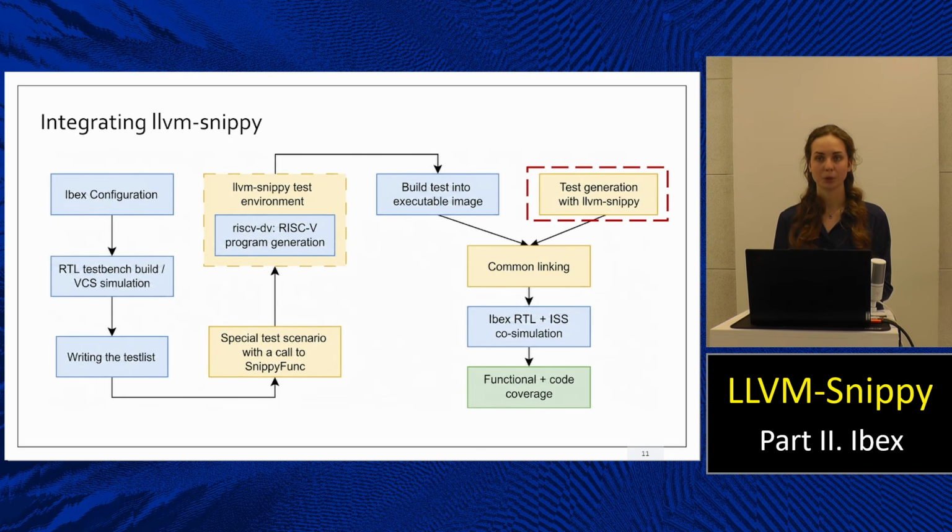With that, the first part of the integration is complete. We now have a riscv-dv wrapper that can call LLVM-snippy code, and both parts are merged into one executable image with a predictable memory layout.